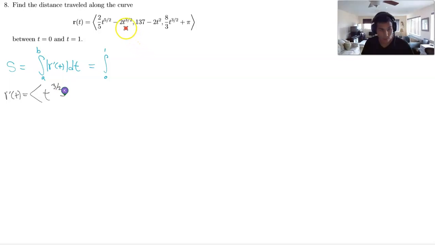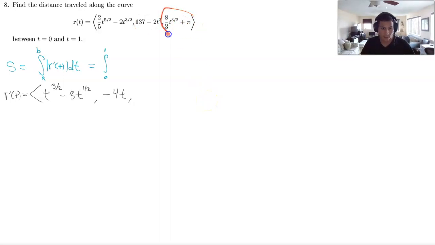Minus, and then we've got 2 times 3/2, I'm just talking in terms of taking this derivative. That's going to be negative 3t, and then 3/2 minus 2/2 is 1/2. And then we'll get negative 4t for this section of the vector.